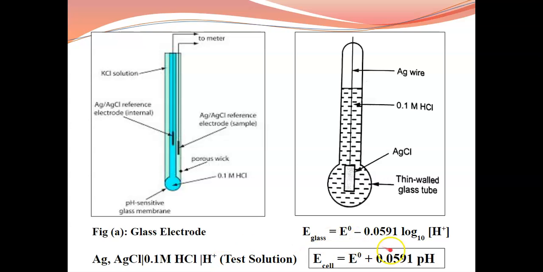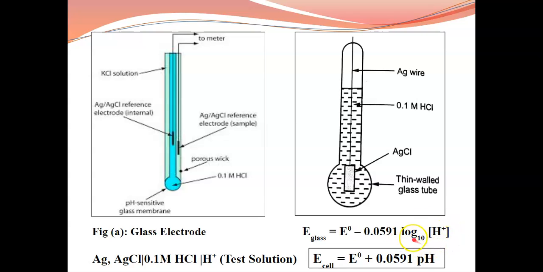Also the Nernst equation, we can write it in this way. Now this is E glass is equal to E standard minus 0.0591 log to the base 10 of H plus ion. So we know pH. pH depends upon the concentration of H plus ions, and the relation between pH and H plus is that pH is equal to minus log to the base 10 of H plus ion.